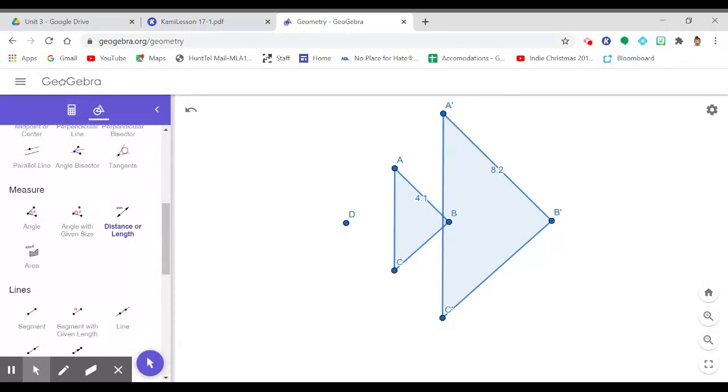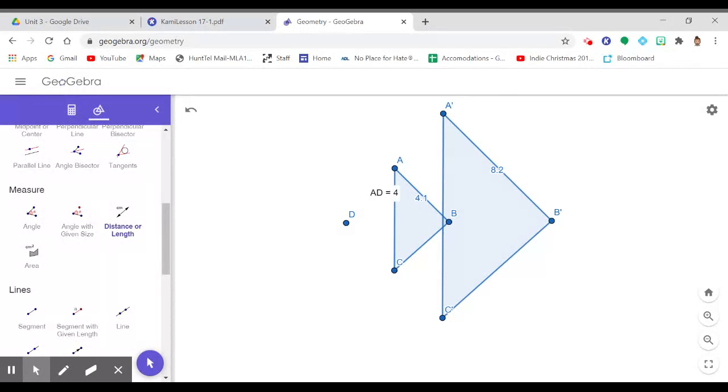But what I really want to explore is what we said a moment ago. What happens to the distance between corresponding points? So let's first find the distance between one of our points and the center of dilation. So the distance from A to D is 4 units. Just happens to be a nice even number.